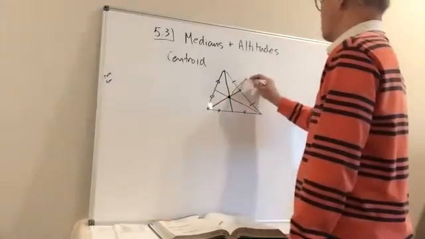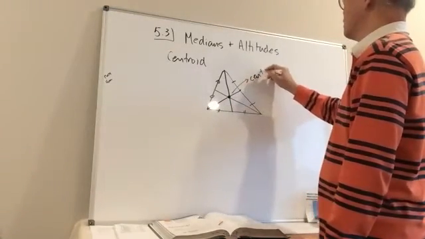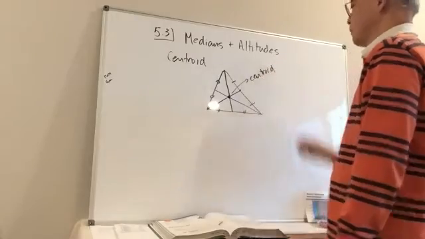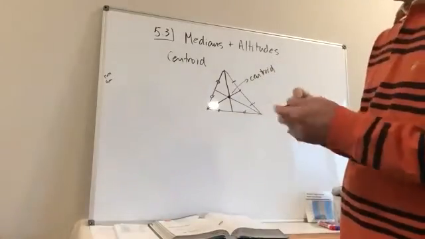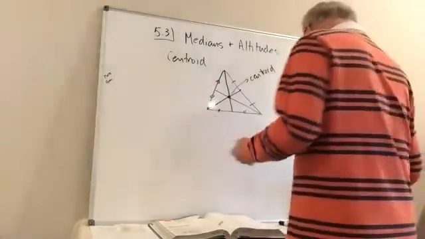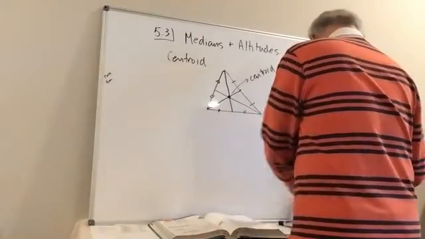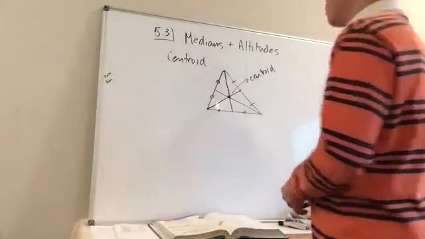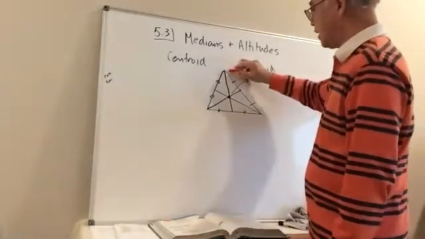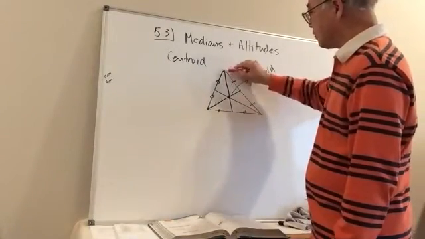This is what we call the centroid. An interesting thing happens here: the centroid is located on each of these lines.